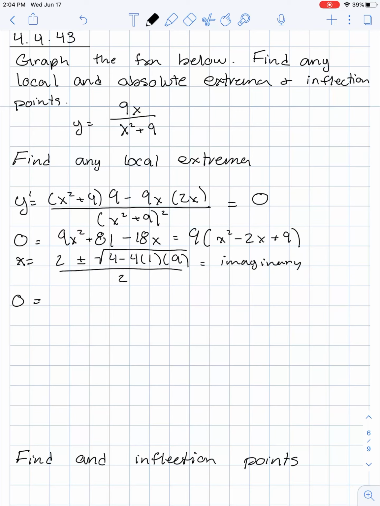So now I'm going to look at the denominator, which is x squared plus 9 squared. So, right, x squared plus 9. So -9. What the heck? That's what I get for not going through this problem like I did every other problem.